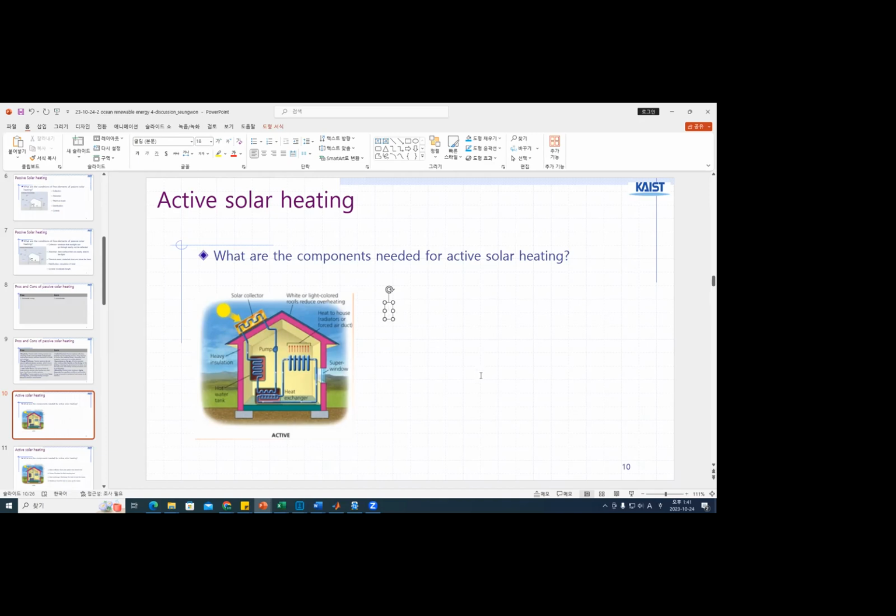Yeah, so you first need a solar collector to collect the energy, and then you have to find a way to use and transport it into the house. In this drawing, it's like a pump with a water distribution system.